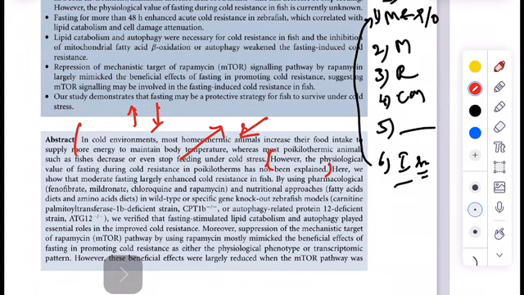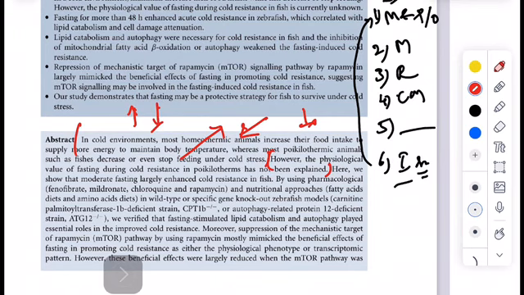So the objective of this work is to explain the physiological value of fasting and how it helps these poikilothermic animals survive in cold conditions. That is the objective of the research work done in this paper.